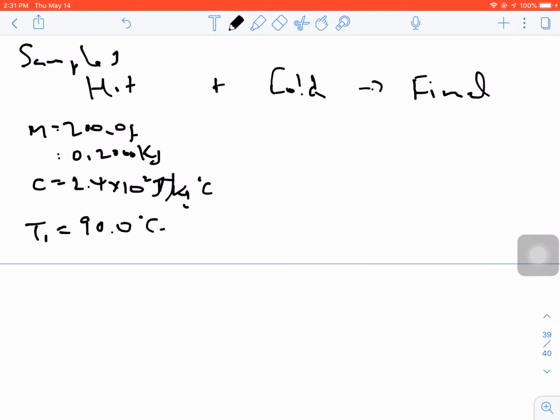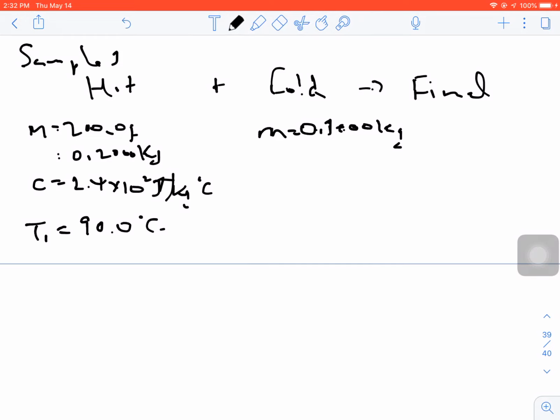The cold stuff is ethyl alcohol, and it says the ethyl alcohol has a mass of 300 grams, which I've converted to kilograms here.